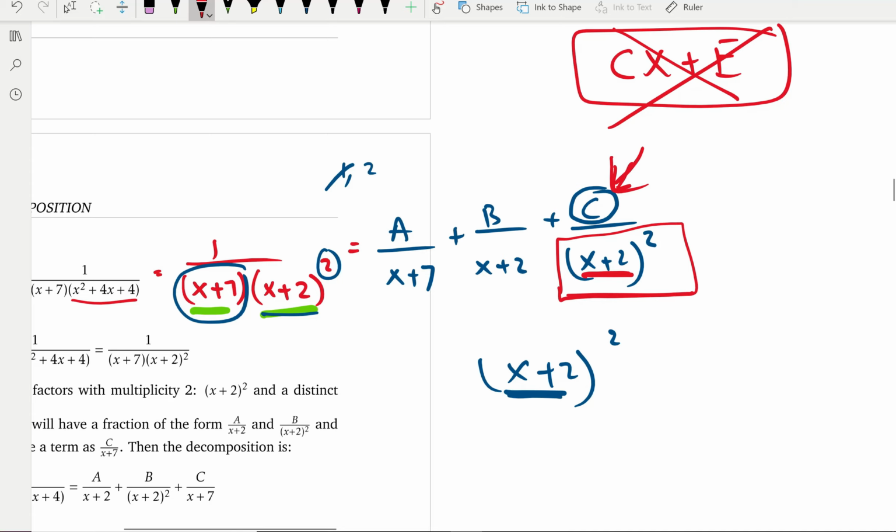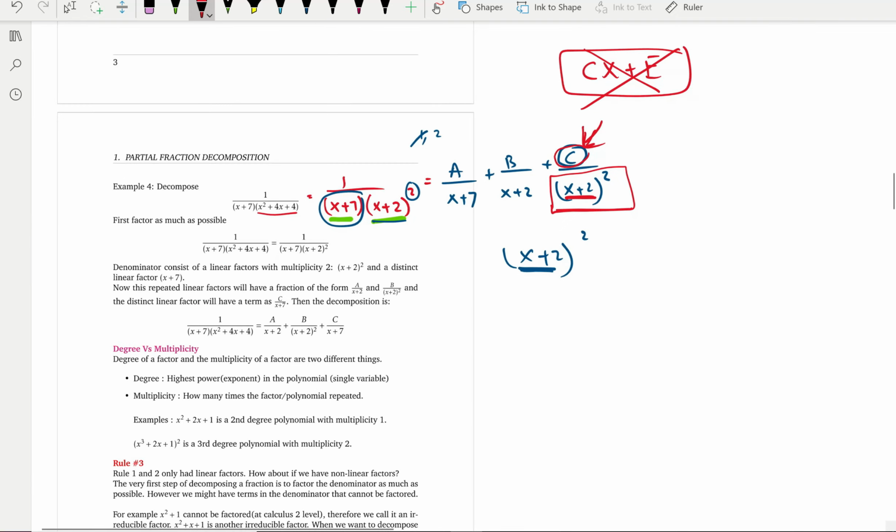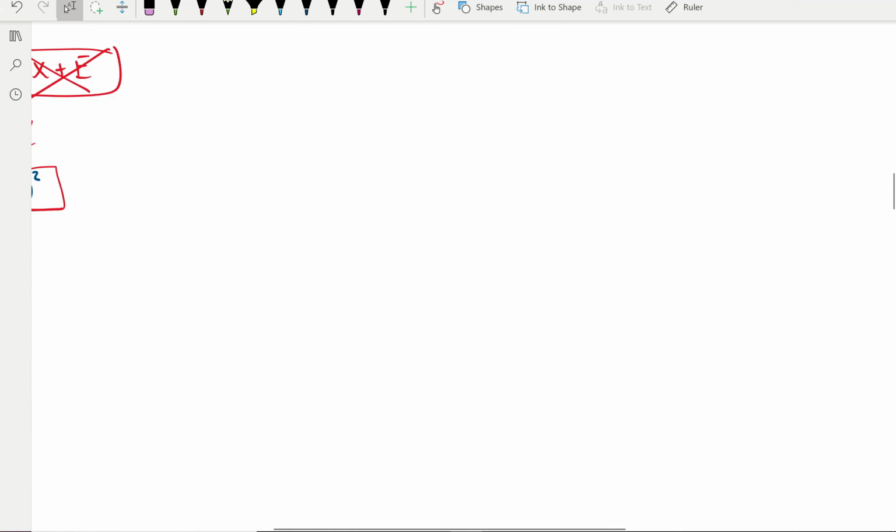So it's still degree 1, a degree 1 factor repeated twice. That is why we still have a constant, because degree 1 minus 1 is 0, and a degree 0 polynomial is a constant. All right, shall we wrap this video with one example?